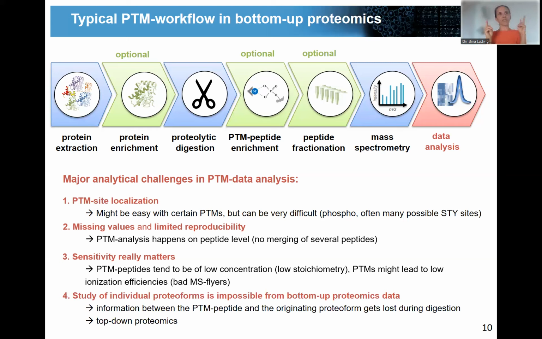Because in the moment when you use a protease, you cut the connection about which peptide was present in which proteoform. So there's no way in bottom-up proteomics to say something about the presence of different proteoforms. The only way to address this question is to measure the complete protein, the complete proteoform, without working with proteases, and this is still very, very challenging to do.